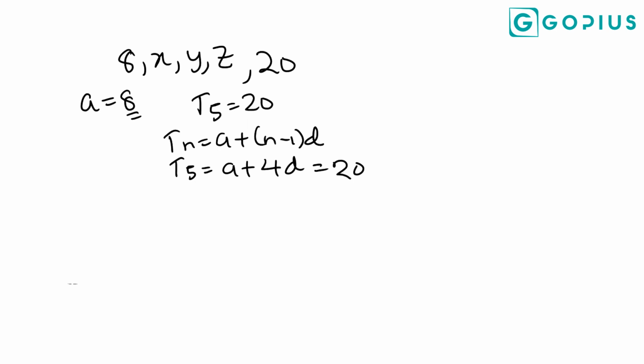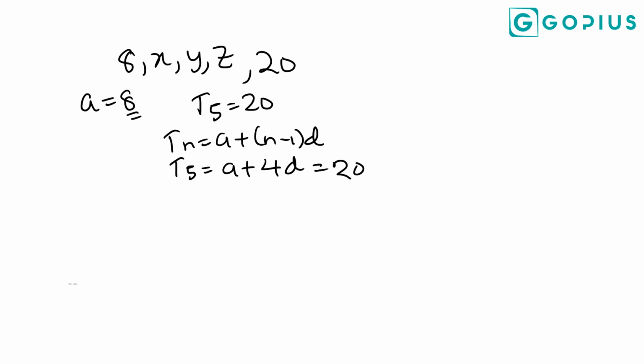So we have a plus 4d, giving us the expression for the fifth term. So this T5 that was equal to 20 can be written as a plus 4d is equal to 20. By the Tn formula, T5 means a plus 4d, so we equate it to 20. Here this is a simple linear equation where we can make d the subject, given that we know a as the first term as 8 from the equation.